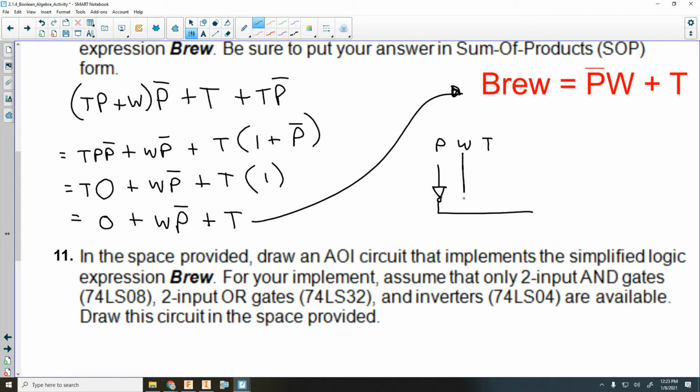And that needs to be ANDed with W. And ORed with T. So really, that's pretty simple.